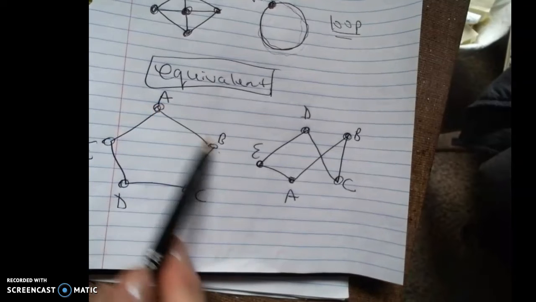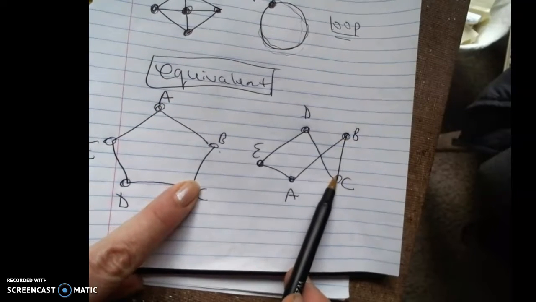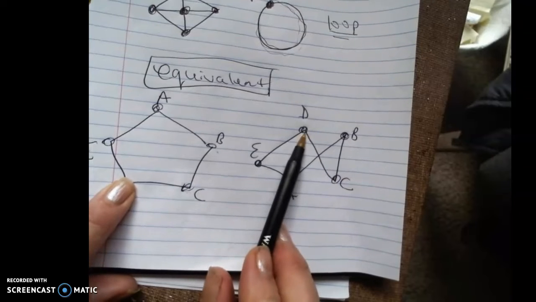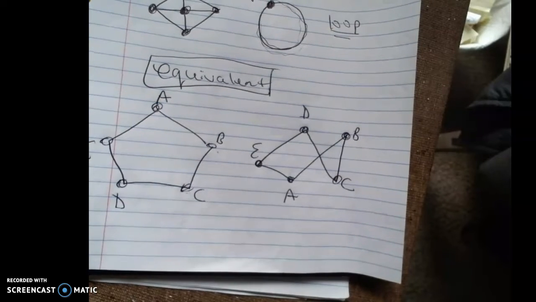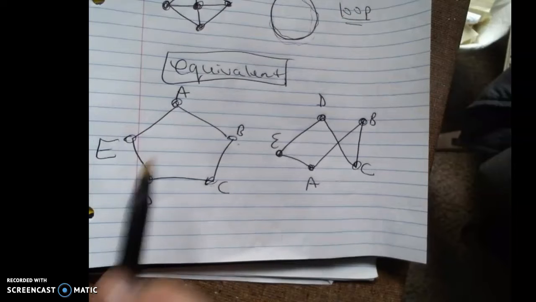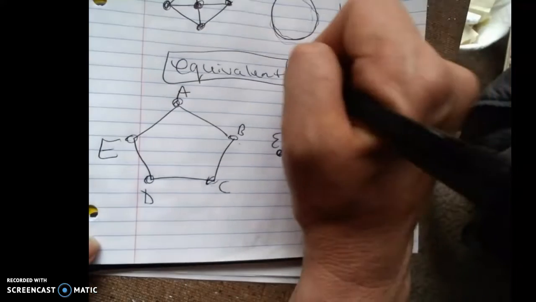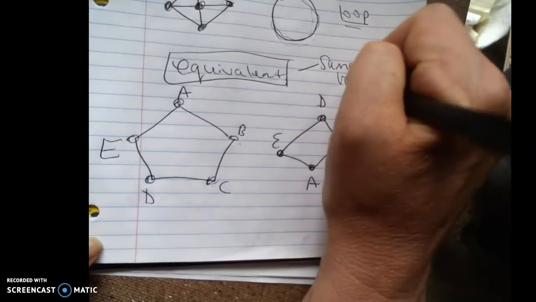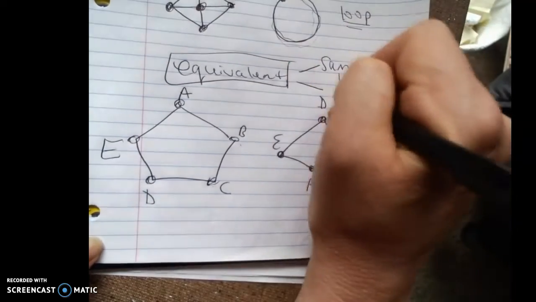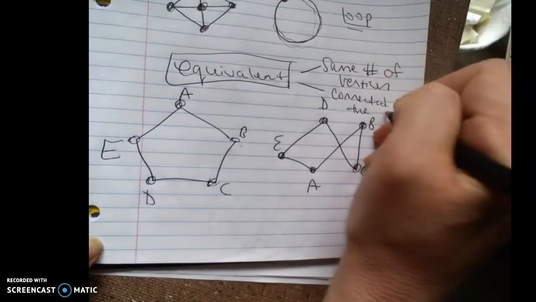If I start here, I go from A to B, B to C, C to D, D to E, and E back to A. These are the same graph because they have the same number of vertices and they're connected in the same way.